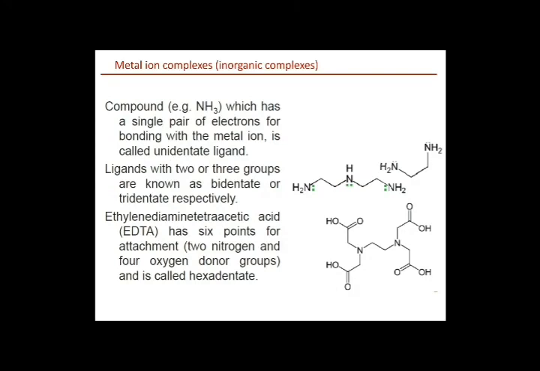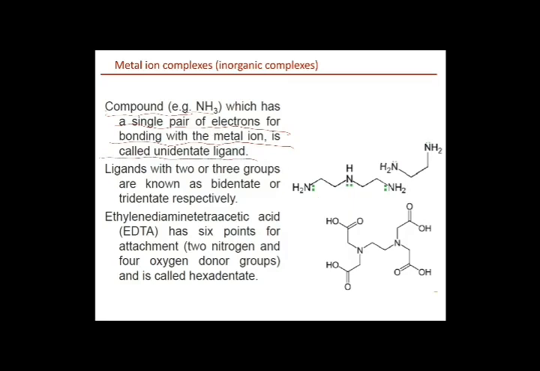This was a property of the substrate. We have a property for the ligand as well. Let's read this paragraph. A compound like NH3 has a single pair of electrons for bonding with the metal ion. So it is called a unidentate ligand.